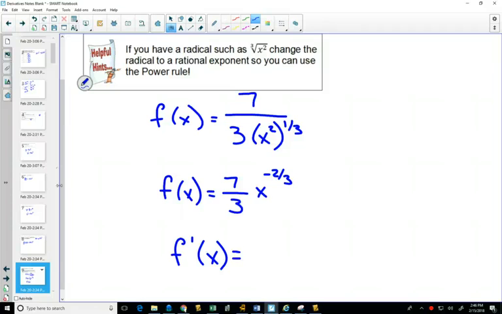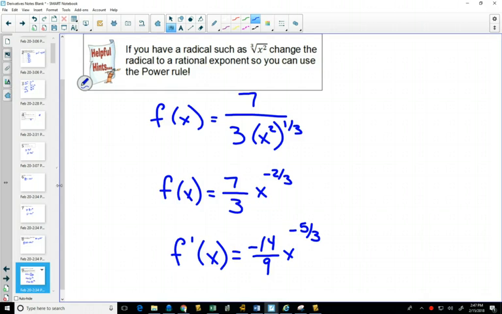Now I can find my derivative. My exponent comes out in front, so that'll be negative 14/9. Subtract 1 from the exponent, and one of the things that differentiation gets you really good at is subtracting 1. Very important skill. But you're going to have to subtract 1 with all sorts of fractions. So if you have negative 2/3 and you subtract 1, that'd be like subtracting 3/3.